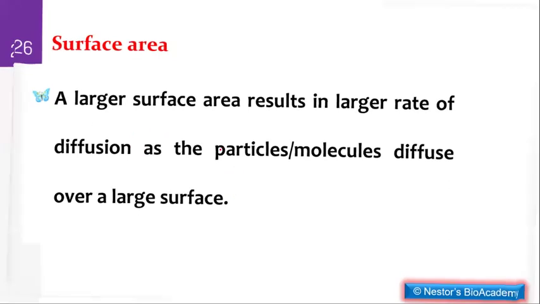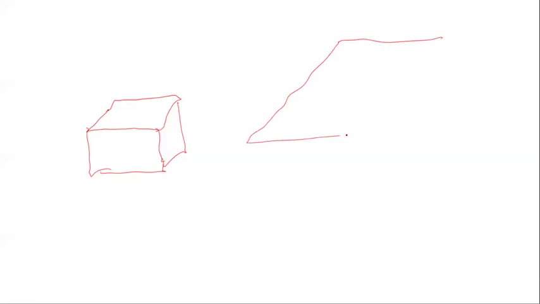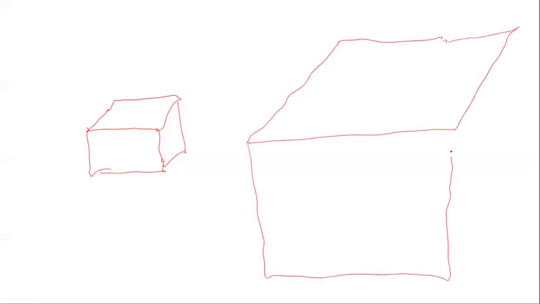Also related to surface area, but different, is the surface area to volume ratio. And here, the larger the surface area to volume ratio, the greater the rate of diffusion. What this implies, if I can explain this further, I want you to imagine a very small cube represented in this sketch. And I also want you to imagine another very large cube, also represented by this sketch.